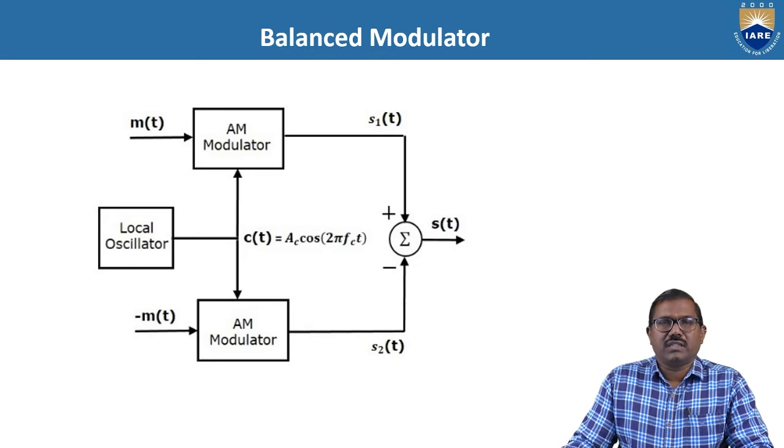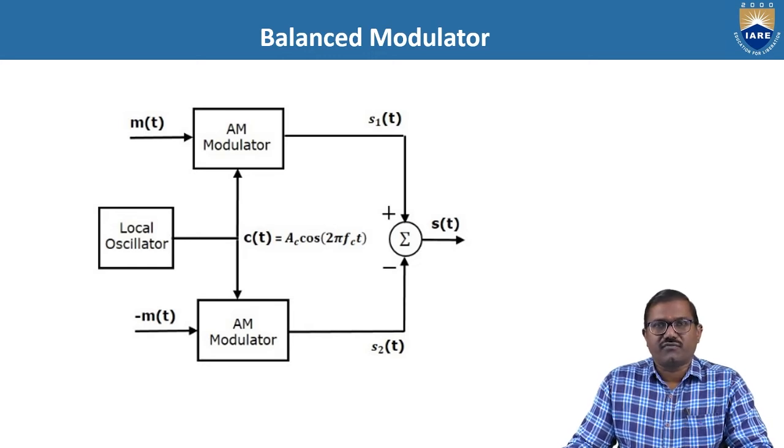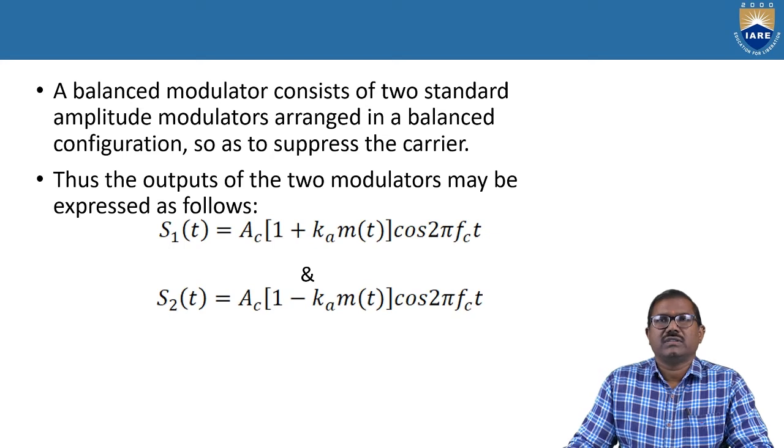In the upper channel we are giving m of t, whereas in the lower channel we are giving minus m of t. Here the two modulators are identical, but the sign of the input is different. Remaining all are the same.